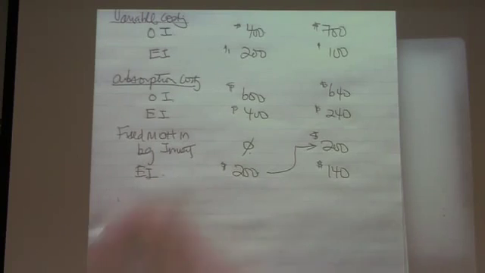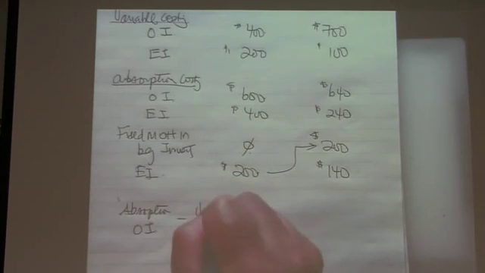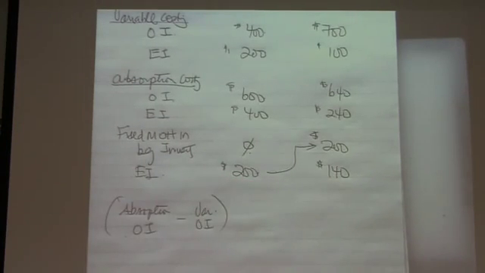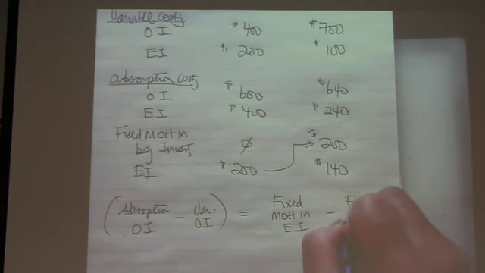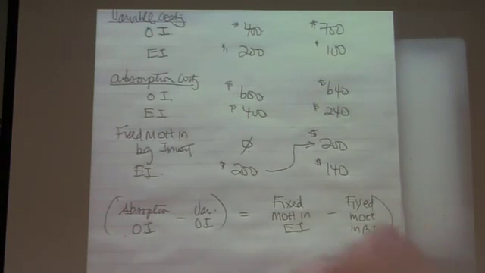So, absorption operating income minus variable operating income equals fixed manufacturing overhead in ending inventory minus fixed manufacturing overhead in beginning inventory.